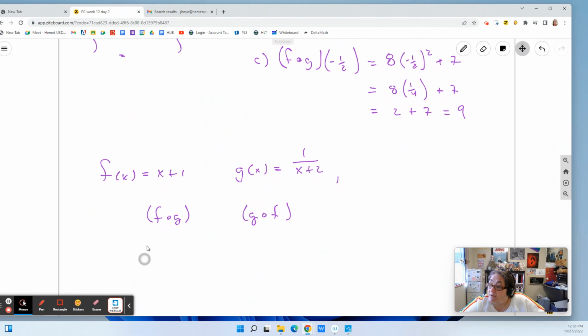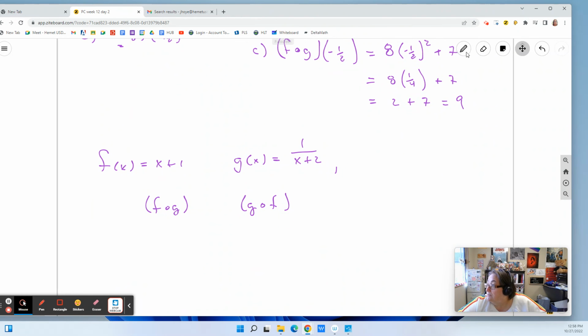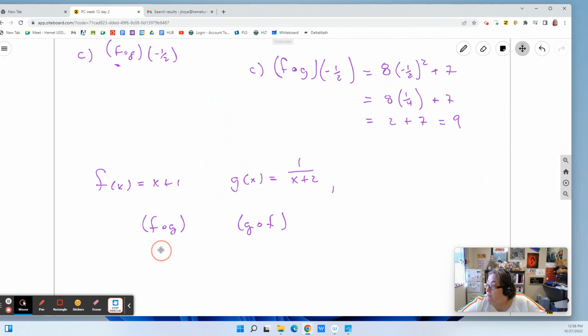I can go from negative infinity to negative 2, right? But I can't include negative 2, so it's going to be a parenthesis. And then I would start again at negative 2 and go all the way to 2 and not include 2. I don't know why I'm doing that.